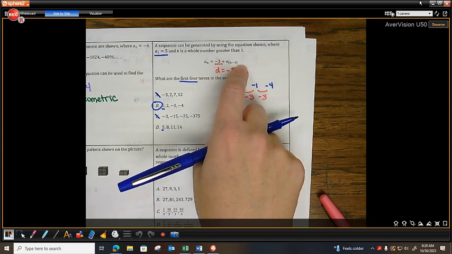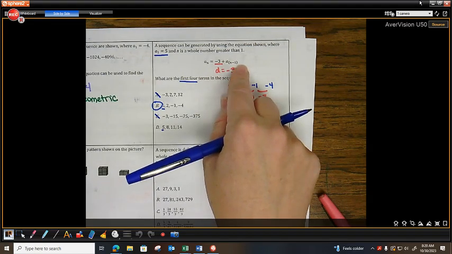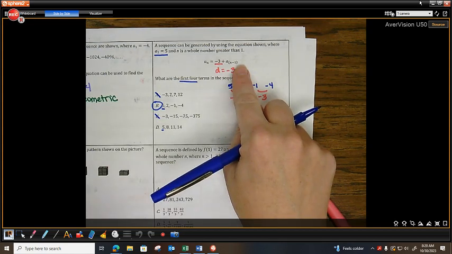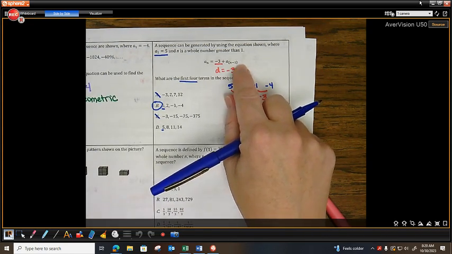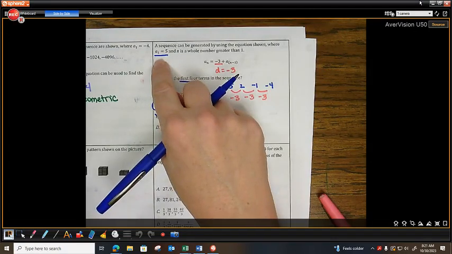Recursive. And recursive means you can't use your calculator. You have to identify your D or your R, your multiplier or your adder/subtractor, and then you have to continue it by hand, okay?